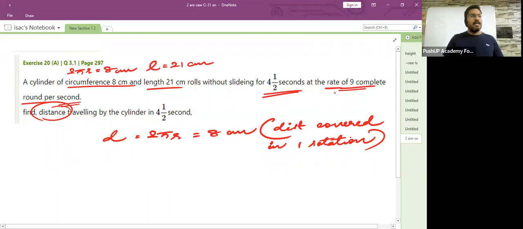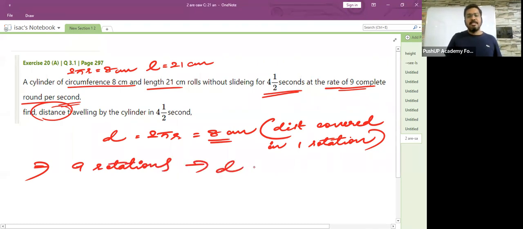Children, did you notice this? At the rate of 9 complete rounds, that means 9 complete rotations in 1 second. So in one rotation, if the distance covered is 8 centimeters, then in 9 rotations, what would be the distance covered? In 9 rotations, the distance covered is equal to 9 times 8, and that is equal to 72 centimeters.